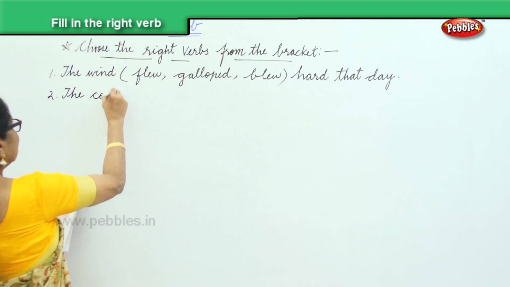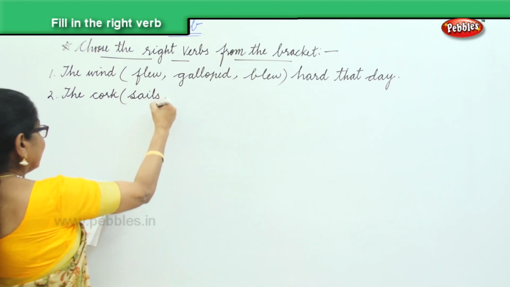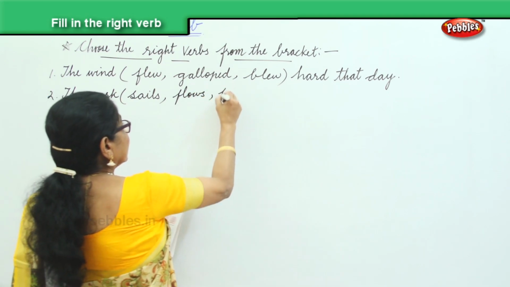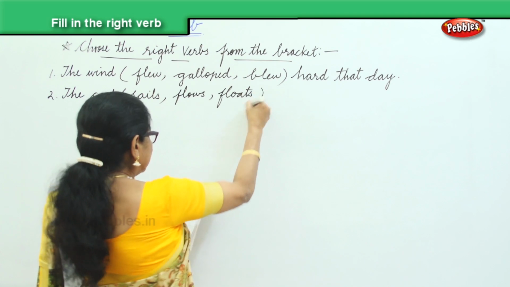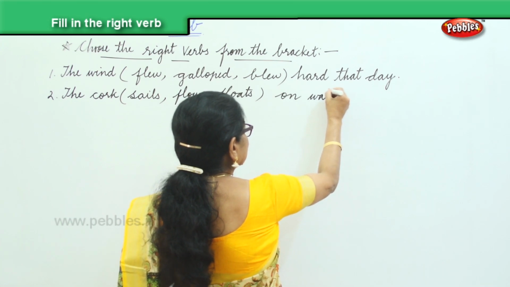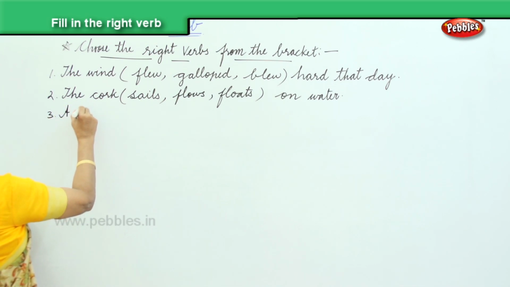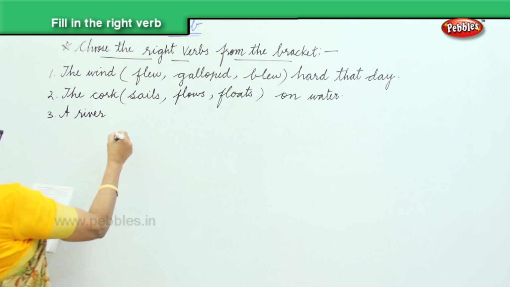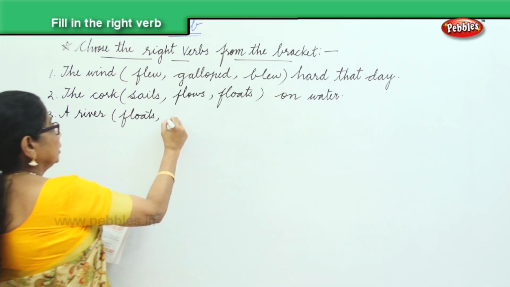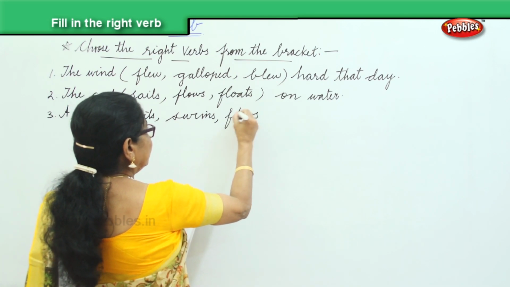The cock sails, flows, floats on water. A river floats, swims, flows.